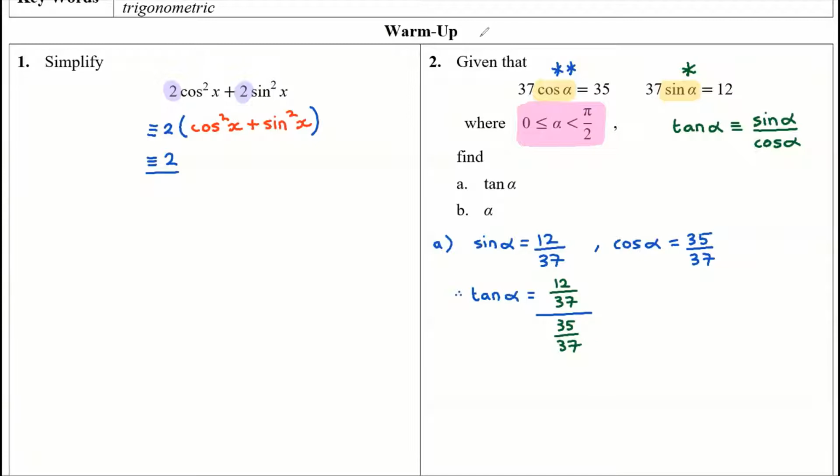We've got the same denominator in both cases. So if I multiply top and bottom of this fraction by 37, you can see that the 37s will clear here and there. You don't have to do all this working, of course, you can very quickly get to the answer 12 over 35.